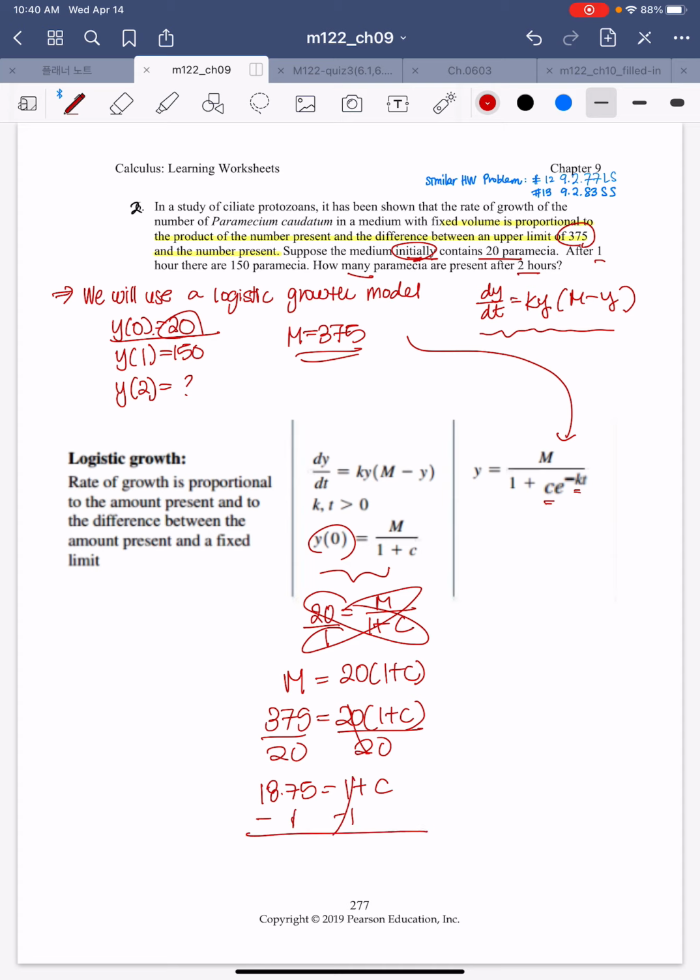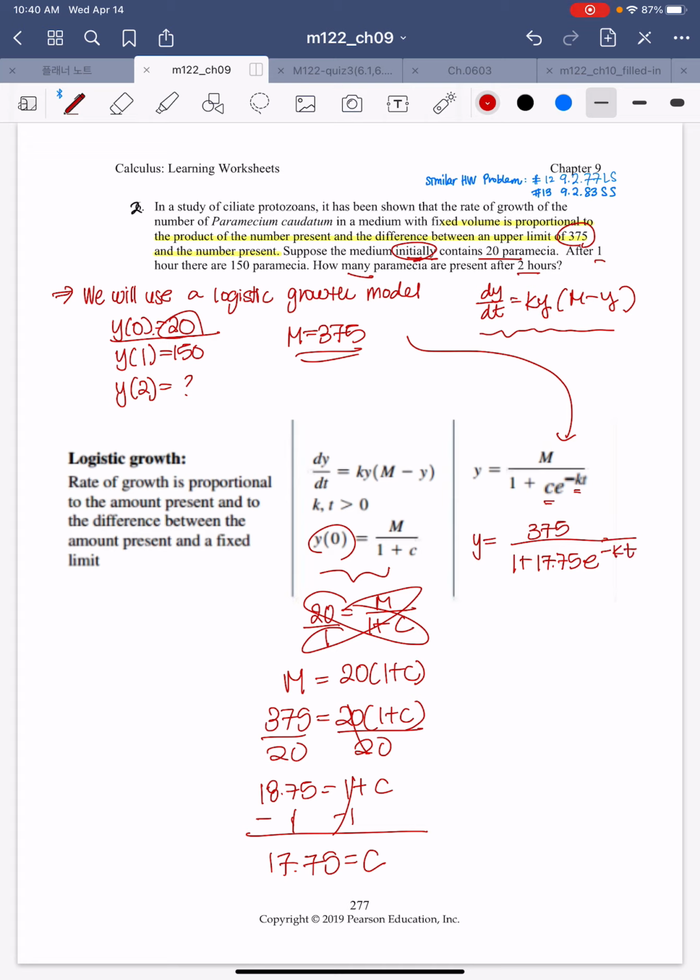So I'm going to have 17.75 is equal to c. So let's plug it in here. So y is equal to M, 375, all over 1 plus c, which is 17.75 e to the negative kt.